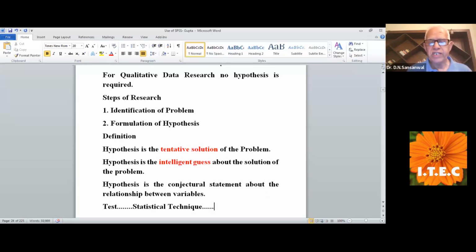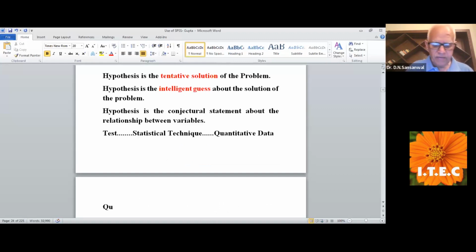And for statistical technique, you need quantitative data. So if you have the quantitative data, you can analyze with the help of a statistical technique. Then you can test the hypothesis. Then you must formulate the hypothesis.